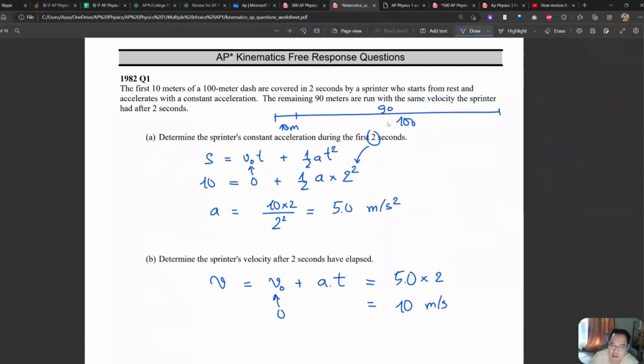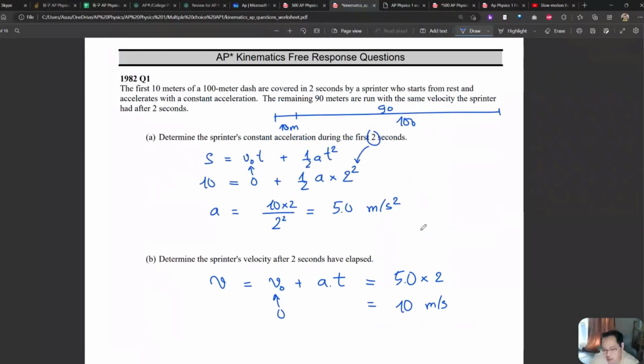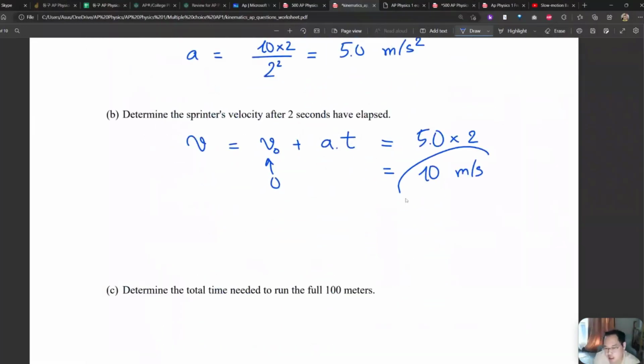For the rest, 90 meters, it would take her that distance divided by her speed after 2 seconds of accelerating. This is the constant speed after the first 2 seconds. She keeps running with this speed for the last part of the running, which is 90 meters.